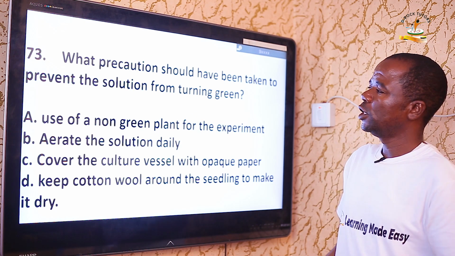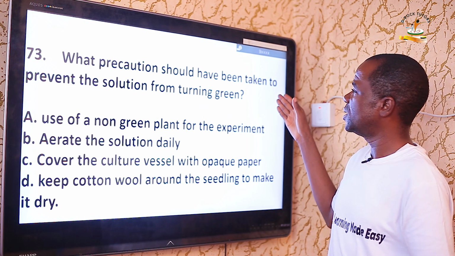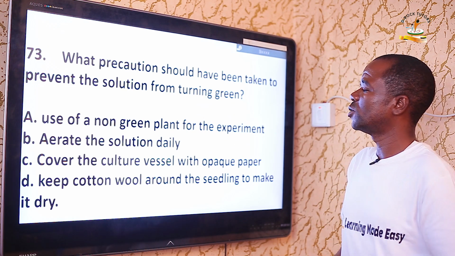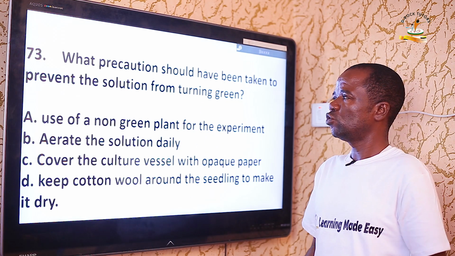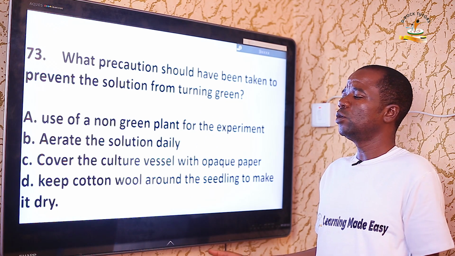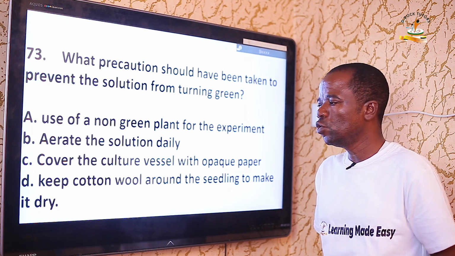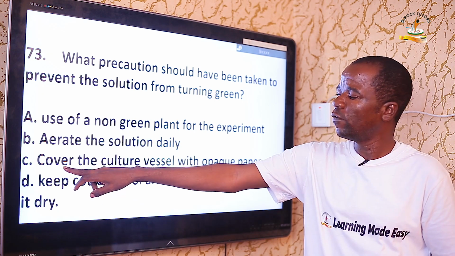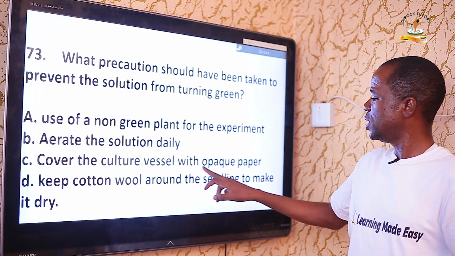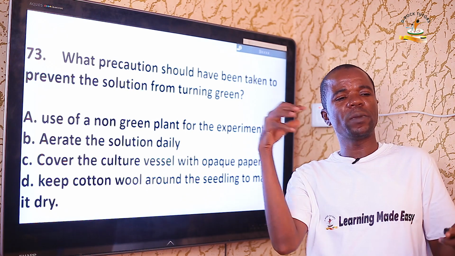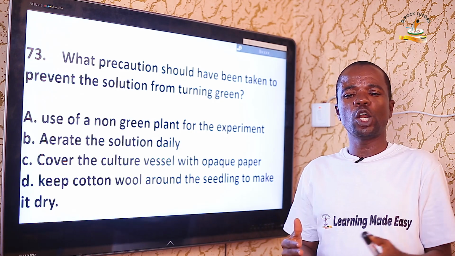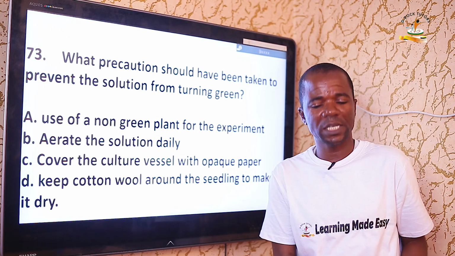So let's look at this question now. What precaution should have been taken to prevent the solution from turning green? The precaution needed will be to prevent the growth of algae. And how do we prevent the growth of algae? By covering the culture vessel with an opaque paper. We know opaque paper will prevent light from entering, and algae cannot grow or develop in the absence of light.